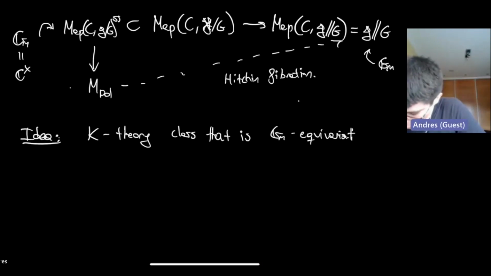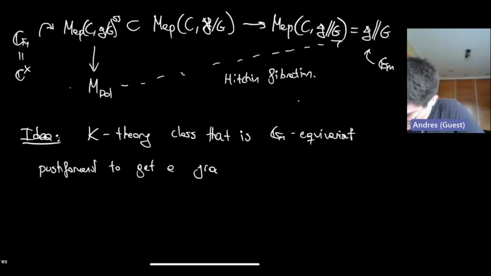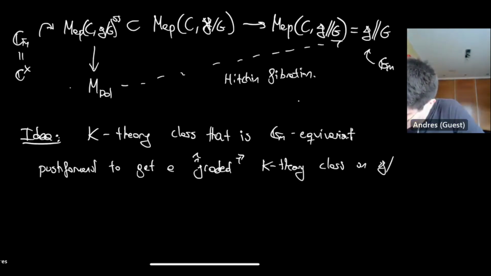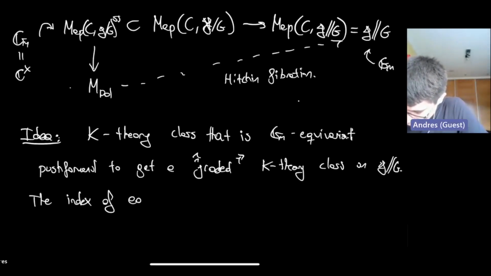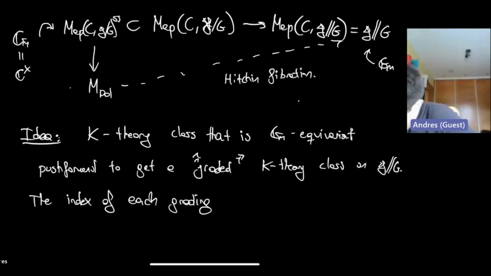So push forward, graded K-theory class on this affine thing, and then the index of each grading, or its weight, is finite.